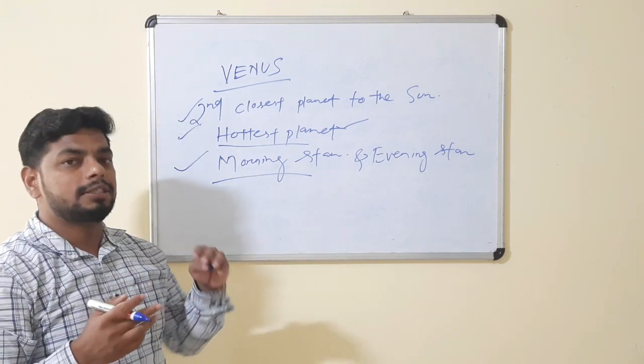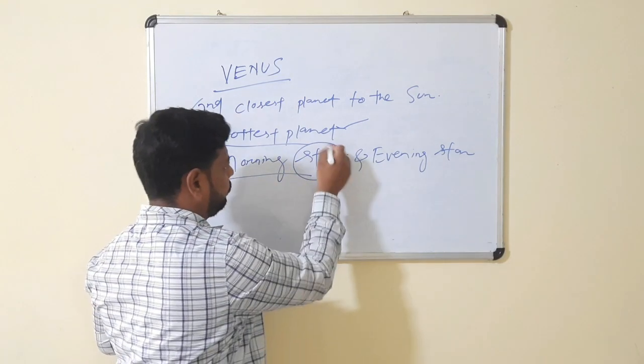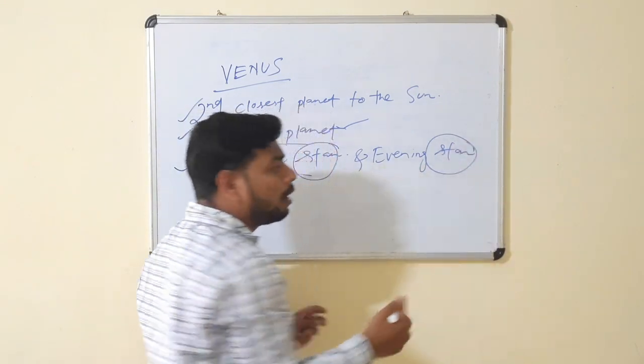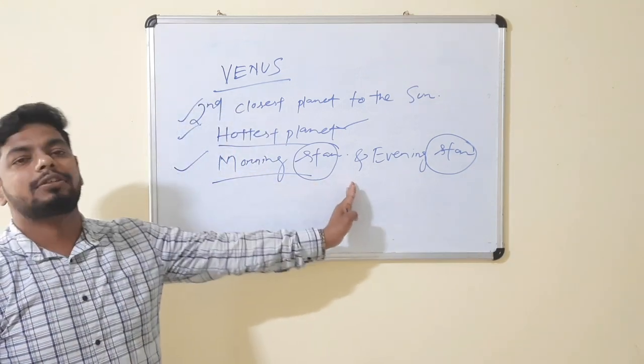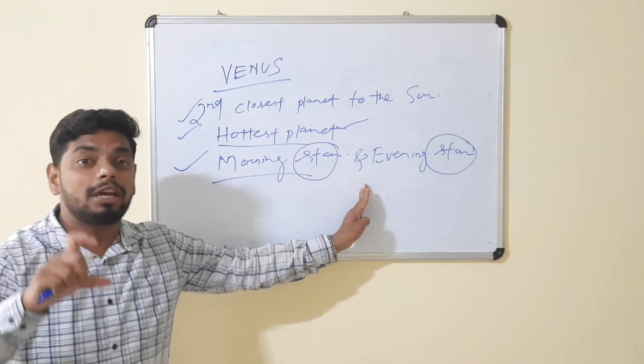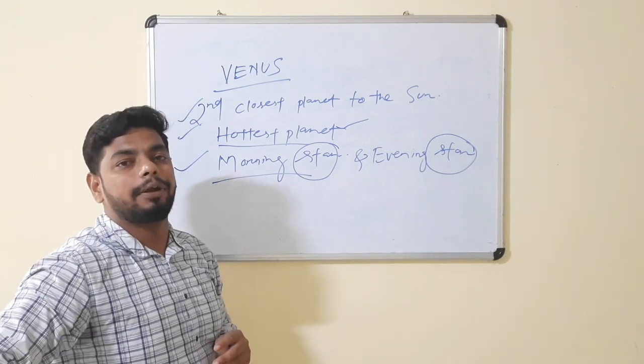Before sunrise, it looks like a star. But it is not a star. Star means something which has its own heat and light. But it is known as the morning star and evening star because Venus twinkles in the sky.